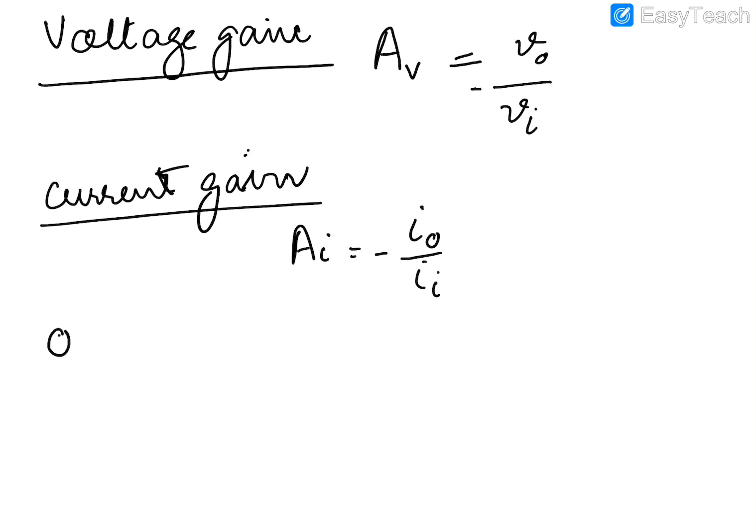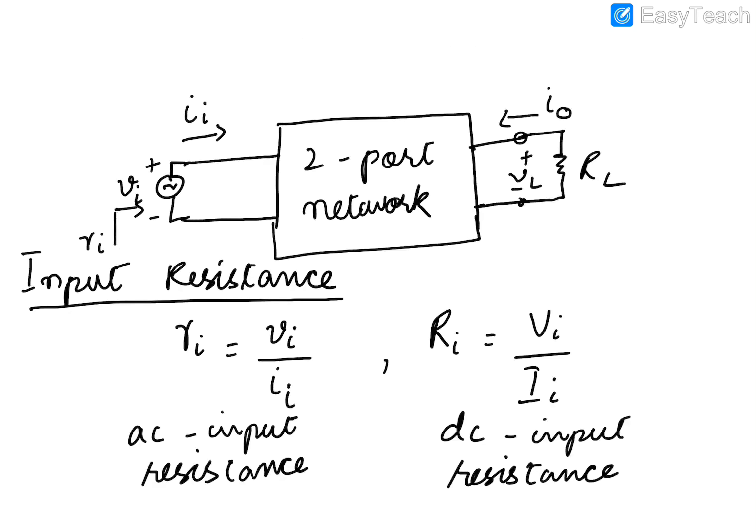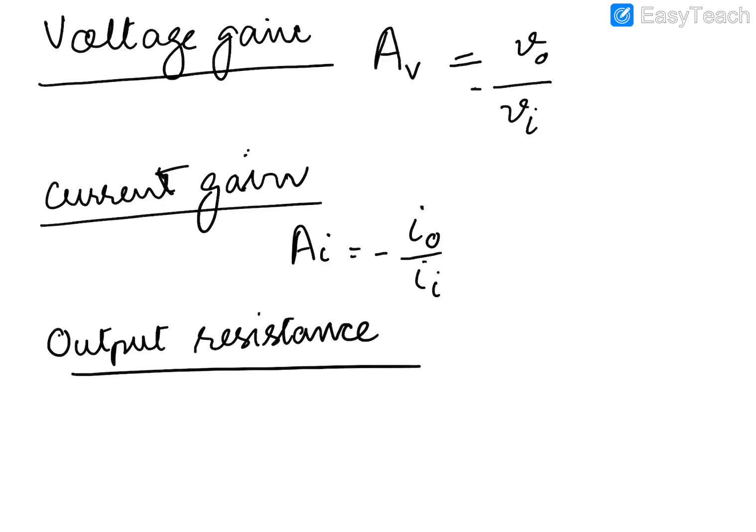And there is an output resistance. Output resistance is usually measured at the output terminals, and this is actually the Thevenin resistance measured at the output terminals.